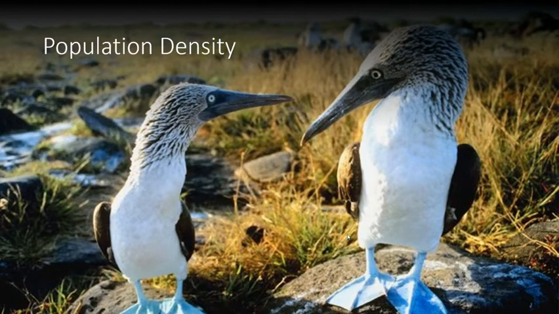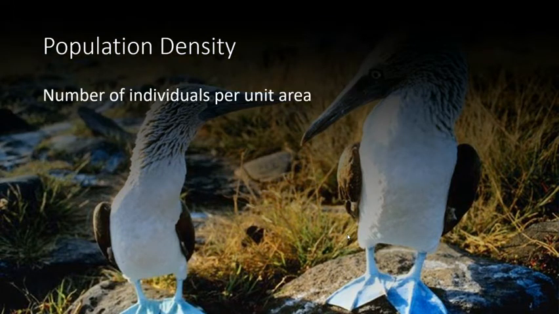Within that area, population may be more or less dense. So the number of individuals, right, per unit area. So you take your population size, which was number one, and you divide it by your geographic distribution area, which was number two, and you get your population density. But even so, you can have different density in different areas.